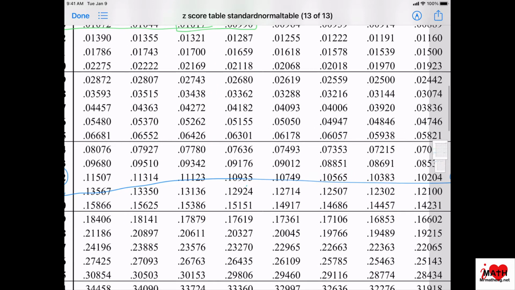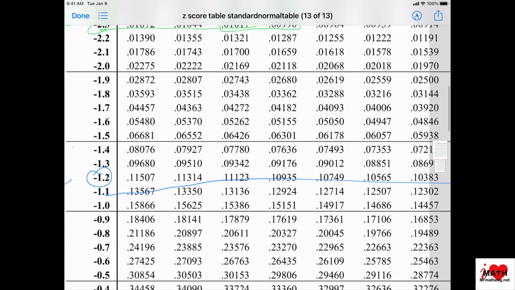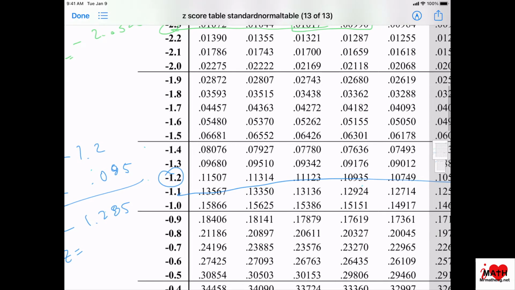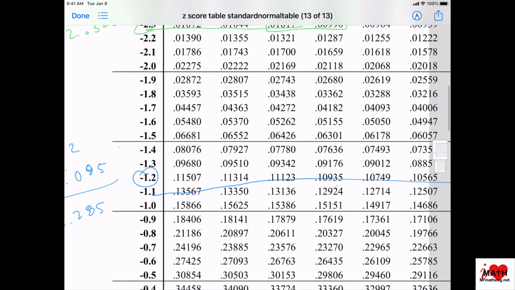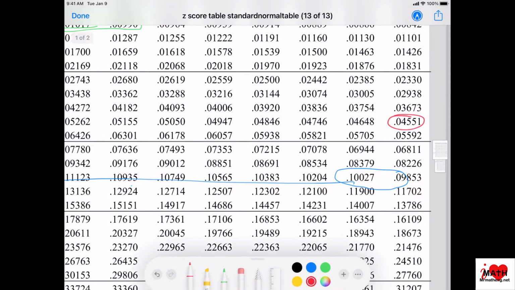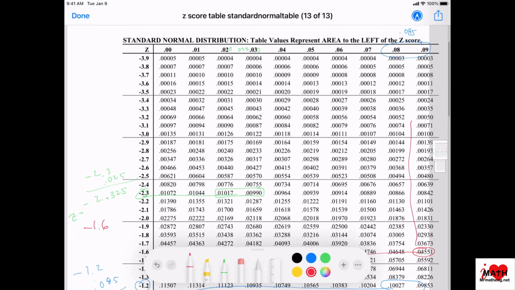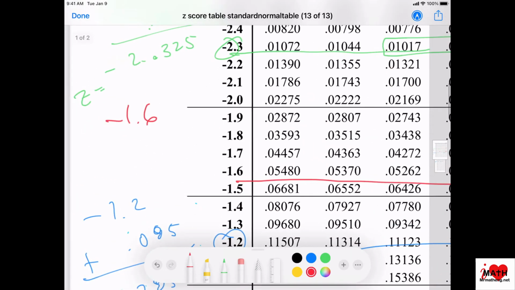Getting close, maybe over here. Alright, this number over here looks pretty good. So this is negative 1.6, and we go up 0.09.